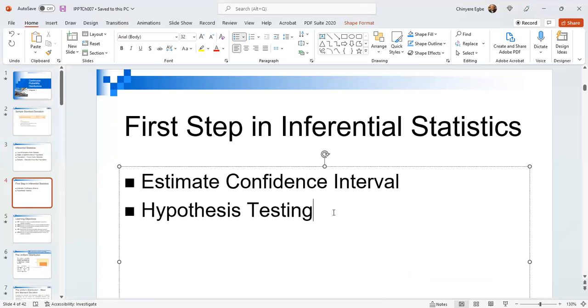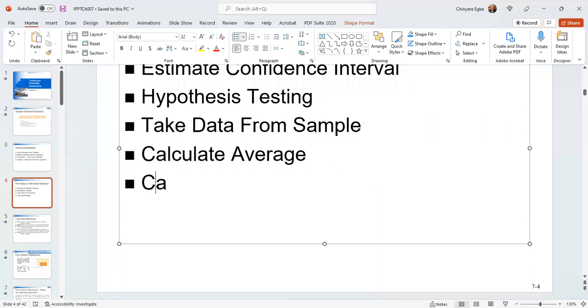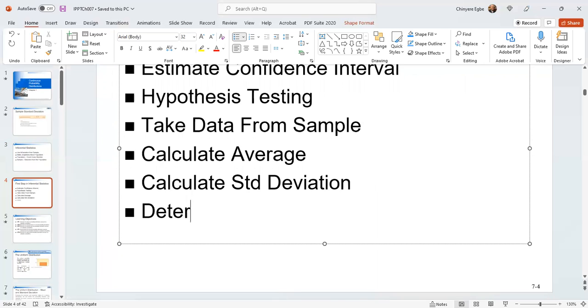What you do then is you take data from the sample, you calculate the average, calculate the standard deviation, and then you determine the margin.